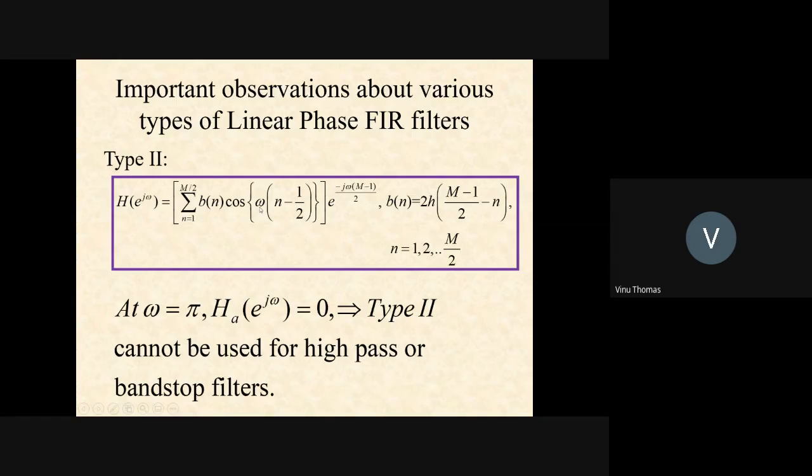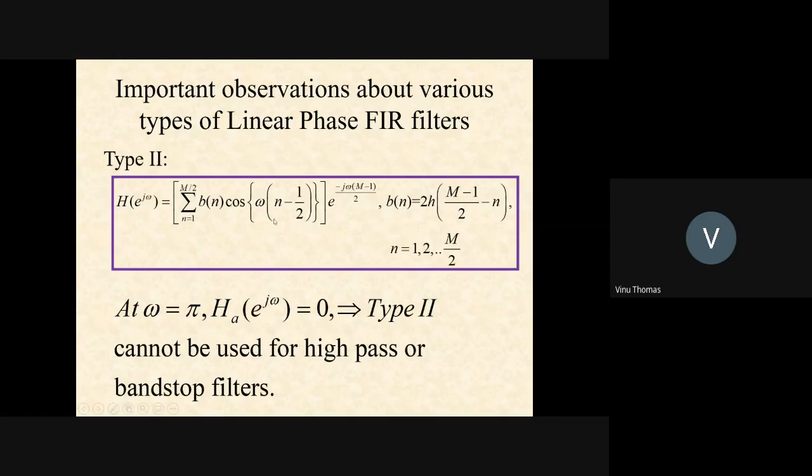Right? So if I put omega equal to pi or omega equal to minus pi, all these cosine terms will vanish to 0. Because cos pi by 2 is 0, cos 3 pi by 2 is 0, cos 5 pi by 2 is 0, cos minus pi by 2 is 0, cos minus 3 pi by 2 is 0, etc. So for omega equal to plus or minus pi, you see that this amplitude response vanishes to 0, right?